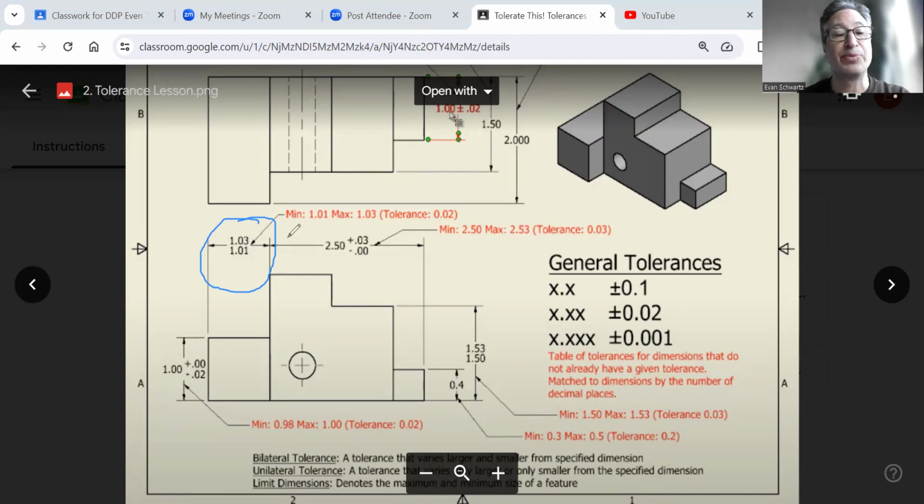So another example can be found here. Can you find another example of limit dimensions? I'll give you a moment.